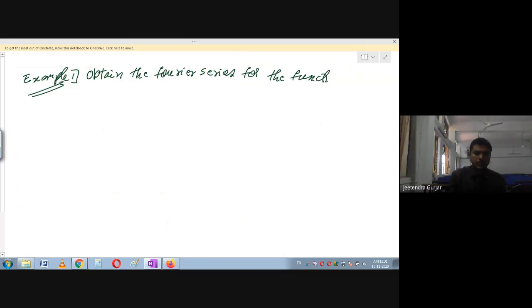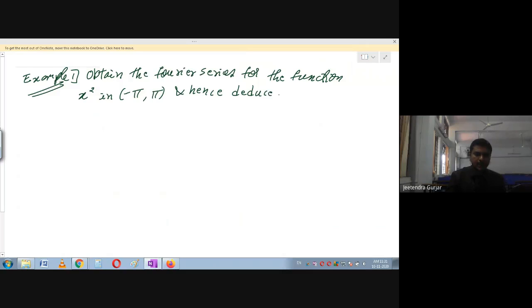So here they have told you the Fourier series of the function, the function we are going to take is x square. This is very very important in the question, and they have given the interval, as we have discussed about how the interval will affect the Fourier series.